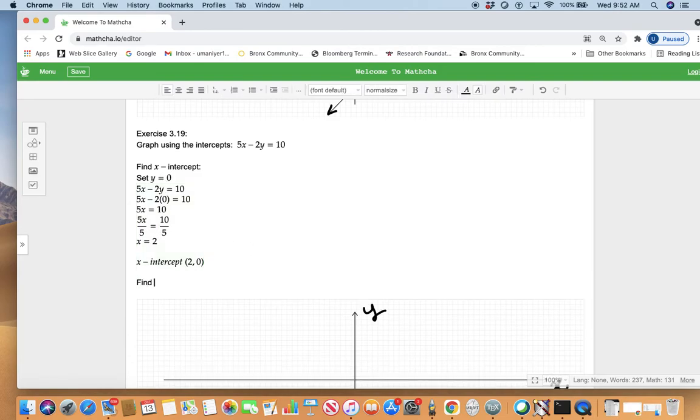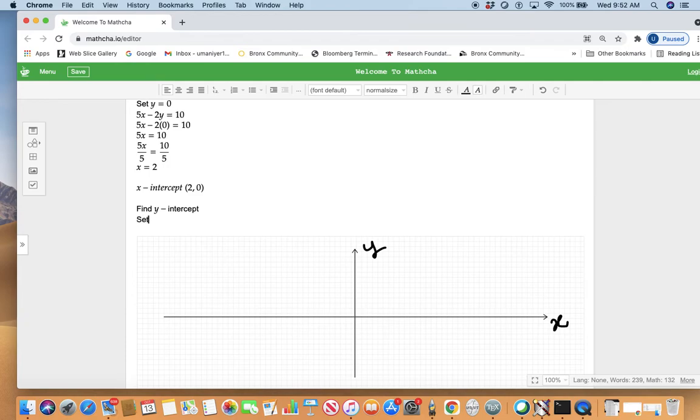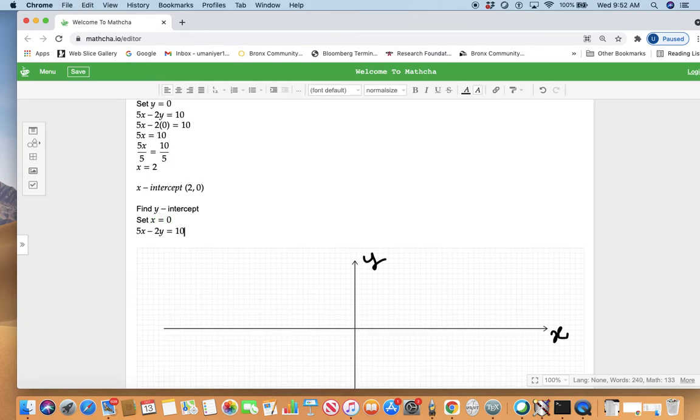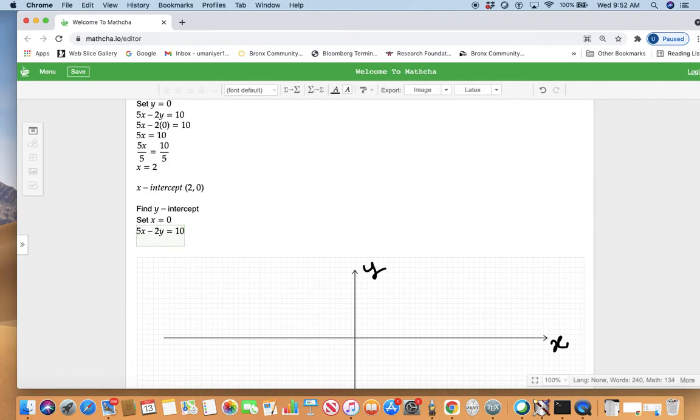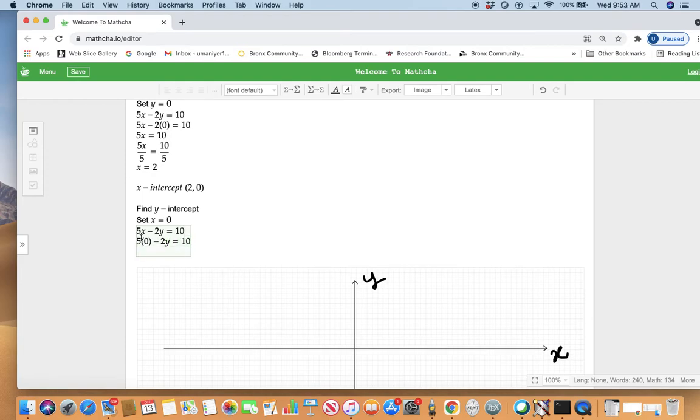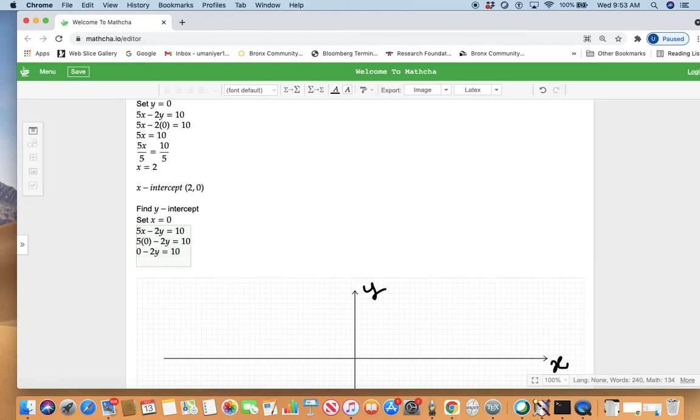Now find the y-intercept. How do you find the y-intercept? Set x equals 0 in your original equation. 5 times 0 minus 2y is 10. 5 times 0 is 0, minus 2y is 10.